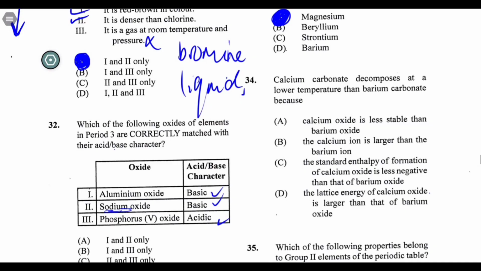So that would mean that by right, barium carbonate would be the one with the lower decomposition temperature, and that's not what the question says.